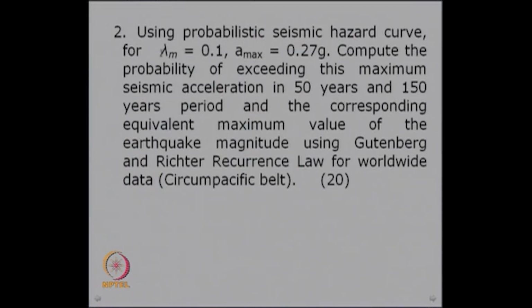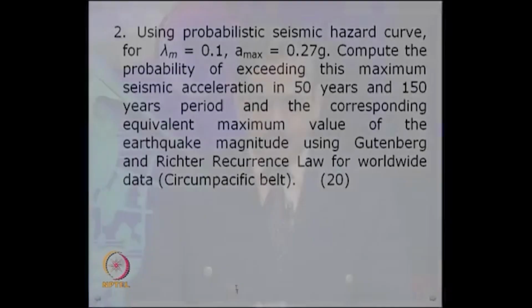It is said here that using probabilistic seismic hazard curve, PSHA curve, for a lambda m value of 0.1, A max value is obtained as 0.27 G. So, these two are your input data for a particular probabilistic seismic hazard curve.